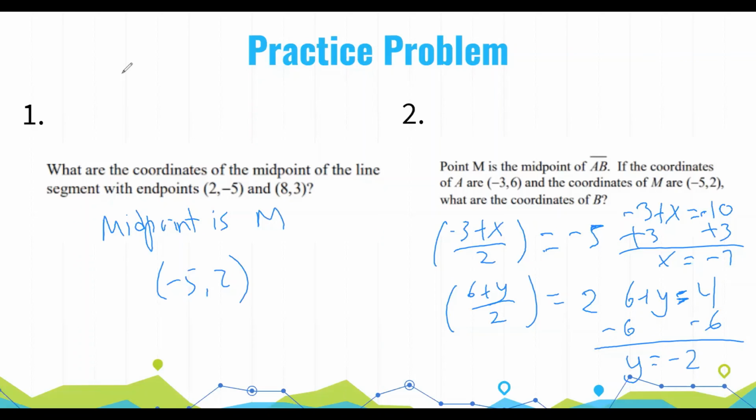Yes, so -7, -2 would be the coordinate of the other end, which is coordinate B. Did you get that? Yeah. Okay, I think we're running out of time. We can skip to the other lesson now.